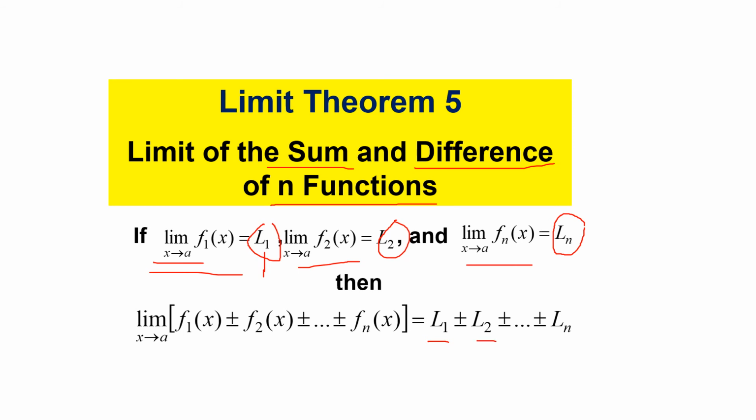Then L2 is the limit of f sub 2 of x when x approaches a, plus or minus up to the last function involved in this kind of scenario, wherein the limit of f sub n of x when x approaches a is equal to L sub n. So we just simply use the concept of addition and subtraction here in between. So we need to put an operation between the given values of the limits being involved in this scenario. So that's it.